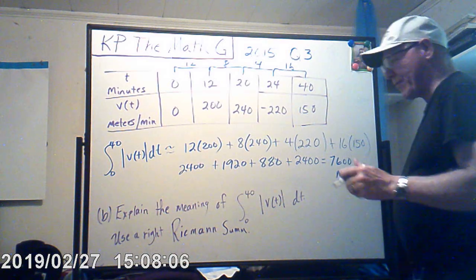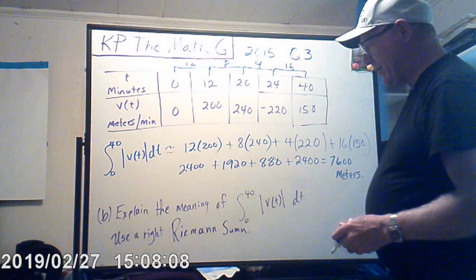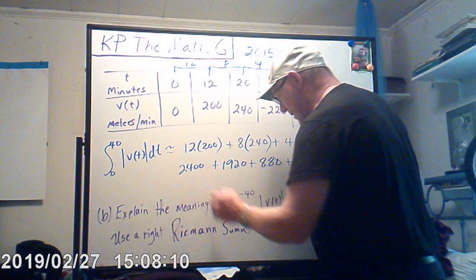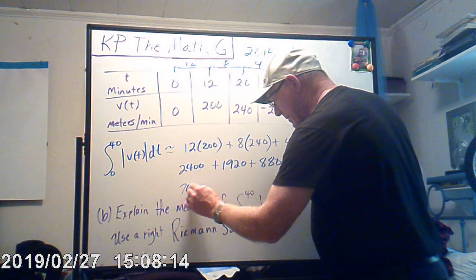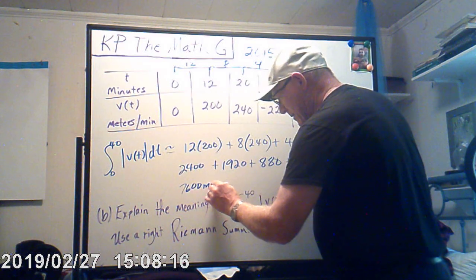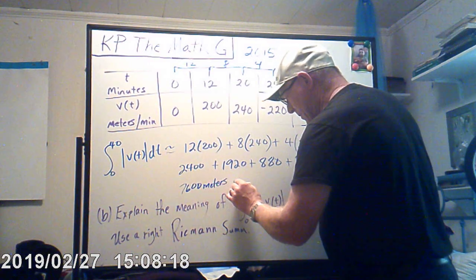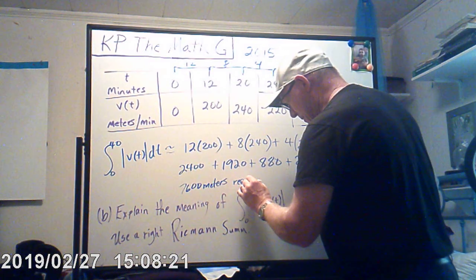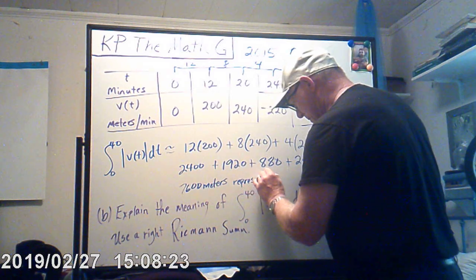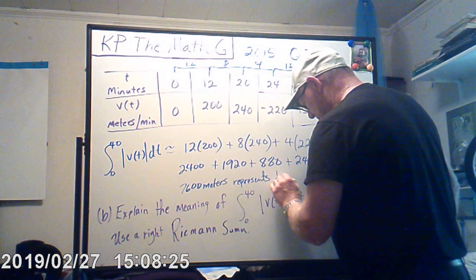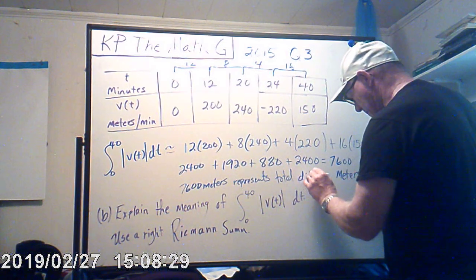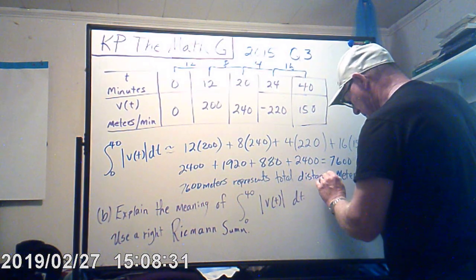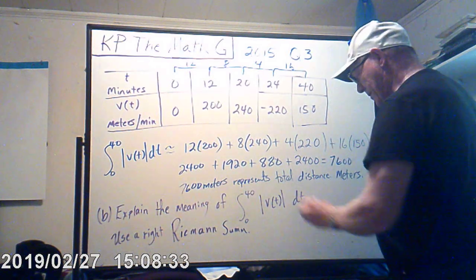And I've already verbally said what the meaning is. This 7,600 represents total distance. There it is, total distance.